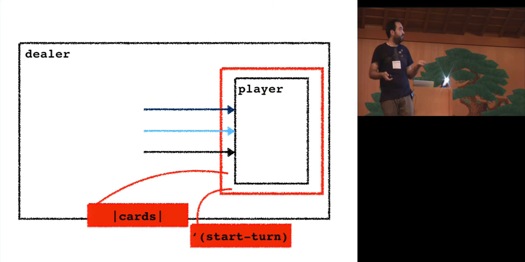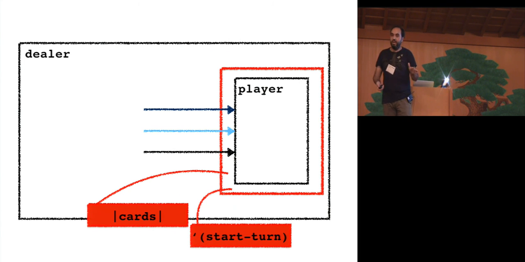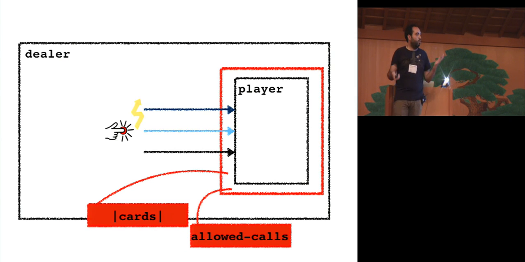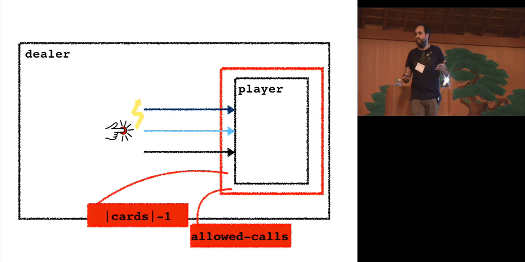So, after a message to start a round, we can update this information about how many turns are left and set it to the size of the list of cards that was given to the player at the beginning of the round. And every time a player performs a new turn, we can decrease the number of turns left and then check that it's always greater than 0.